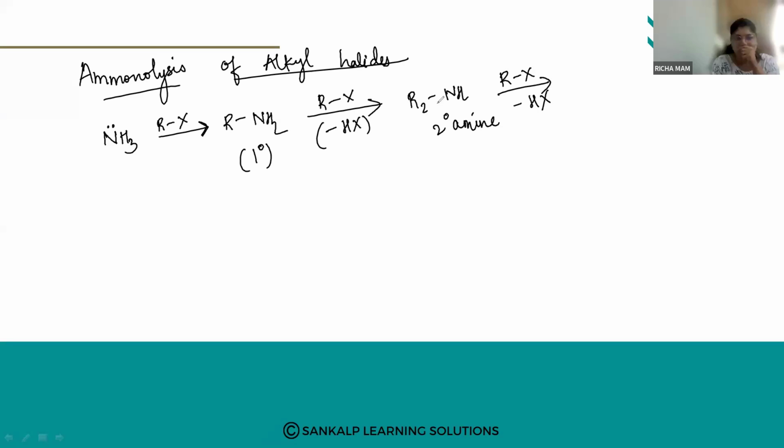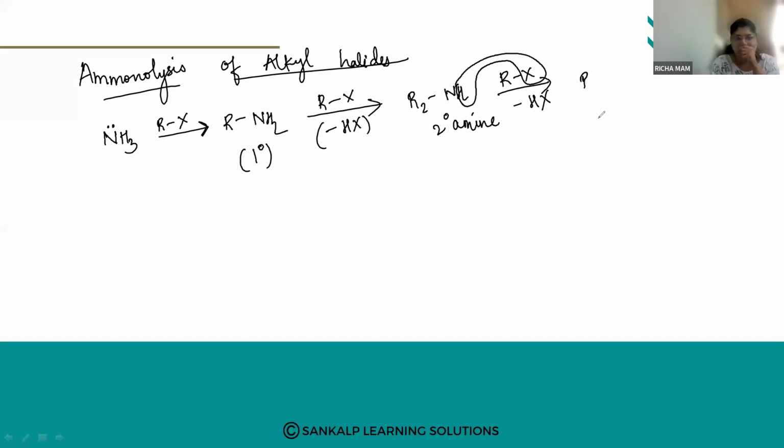At the subsequent step, what will happen? One hydrogen halide will be released. So here you are going to get R2NH, a secondary amine. Again, we are going to treat it with alkyl halide. Again, one HX will be lost because one hydrogen will be combining with the X. So you get HX.